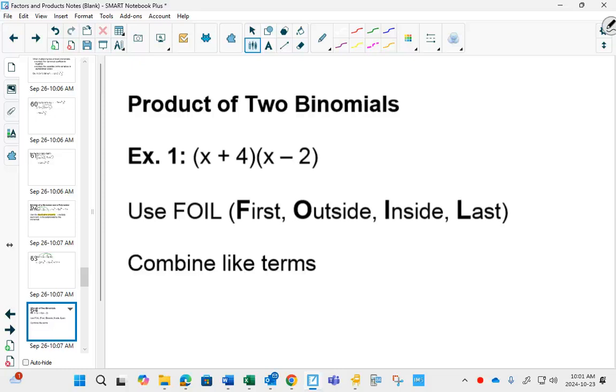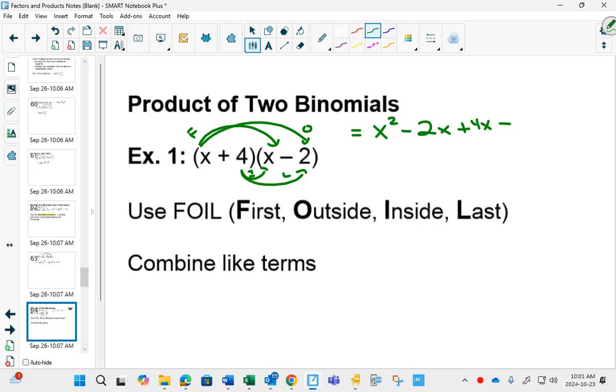And we've already FOILed, so this was reviewed. First ones, outside ones, inside ones, and last ones. So if you do that, you would get x squared, outside minus 2x, inside plus 4x, last one's minus 8, and your outside and inside are like terms, so they can be combined.